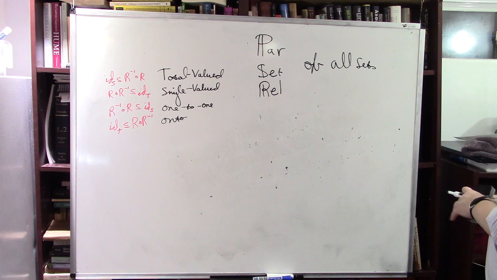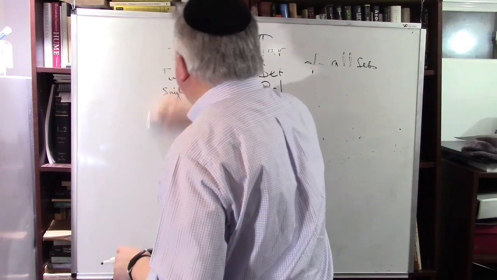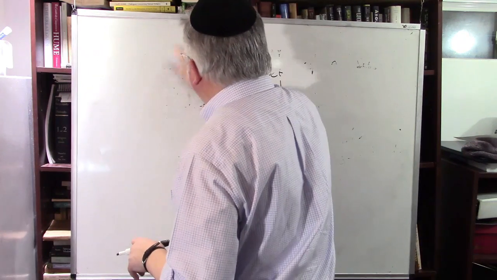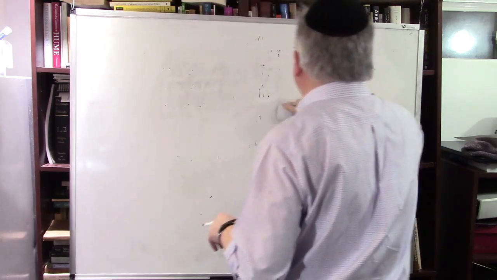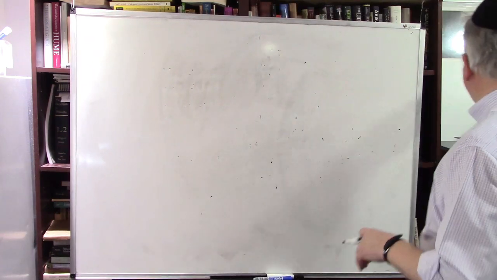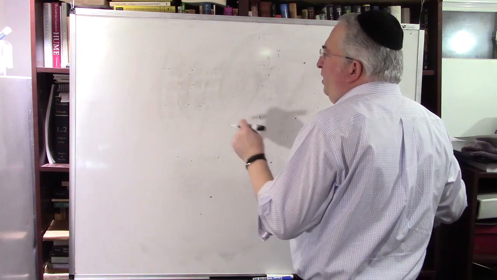Okay, good. Now, I want to talk about special types of relations, but relations not between two different sets, but a relation on a set by itself. Now, we saw this already when we were talking about equivalence relations in chapter 1, but let's do it again.